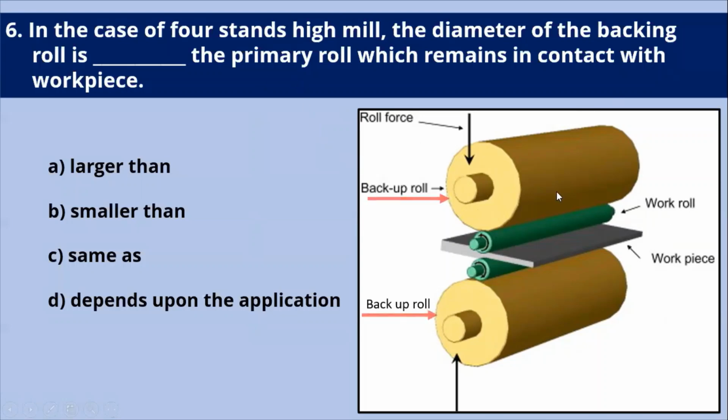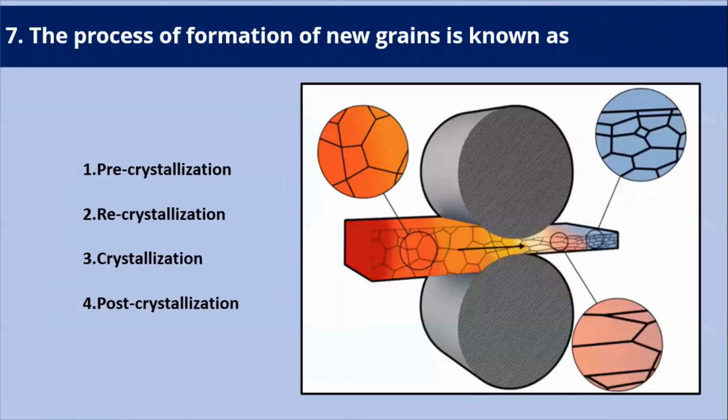Okay. So in such cases, we know that our answer becomes larger than. It means that the diameter of the backing roller is larger than the primary rolls. And that's why your answer is A, larger than.